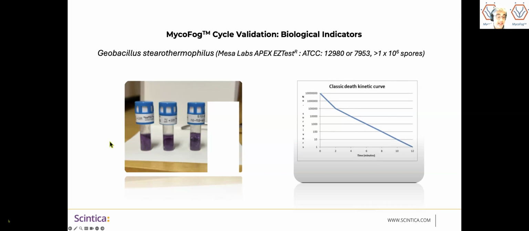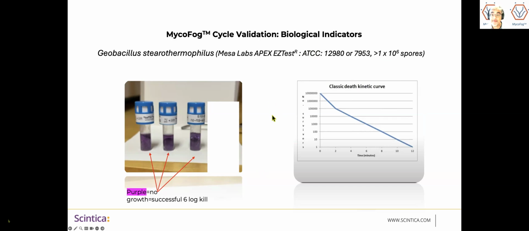So these three show successful kill, and because there are 10 to the 6 spores on that disc, we call it a 6-log kill. And that's what you need to do to justify a biodecontamination process. It's recognized that that is the way of standardizing how well your protocol does.